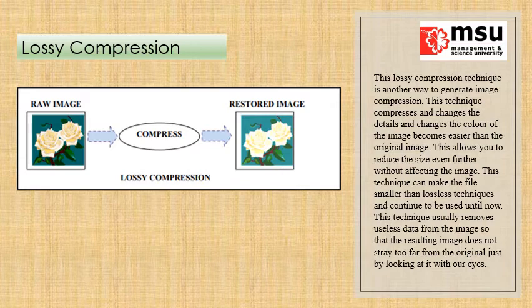This technique can make the file smaller than the lossless technique and continues to be used until now. This technique usually removes useless data from the image so that the resulting image does not stray too far from the original just by looking at it with our eyes.